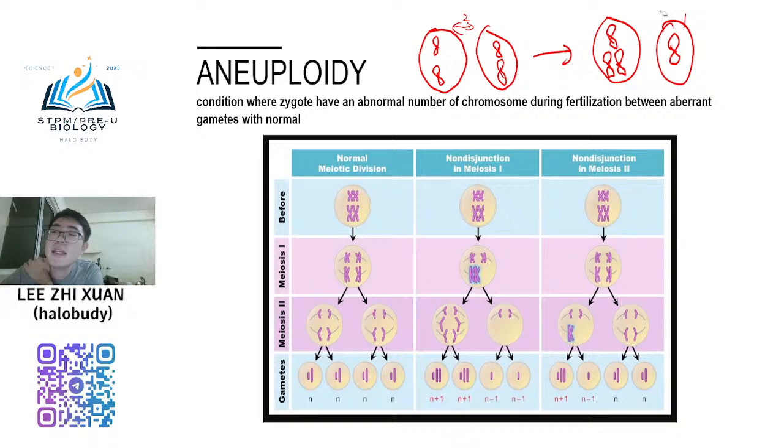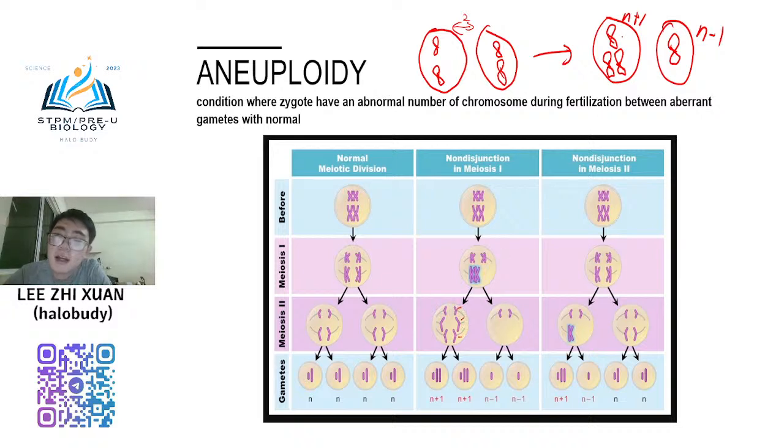So this one we call N plus 1, and this one is N minus 1. After meiosis 1, when we undergo meiosis 2, you will find that this one has 3 chromosomes.